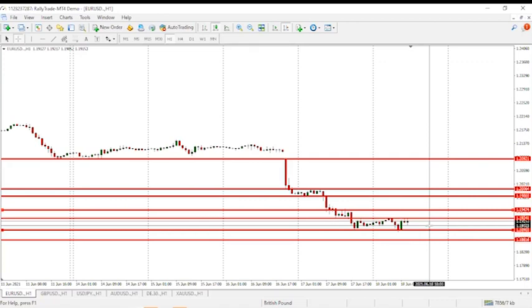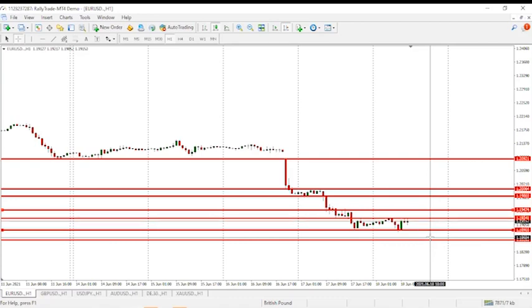All right, so let's look at the sell stop. Sell stop for the same Euro USD. We're going to be entering below structure at 1.18824, with our take profit at 1.18684.